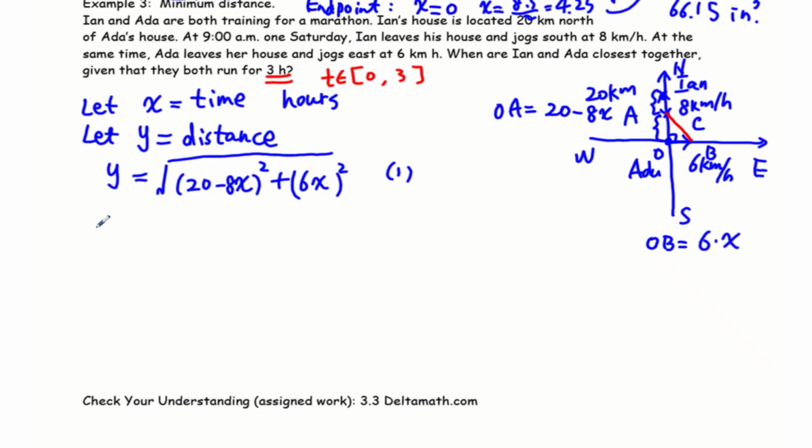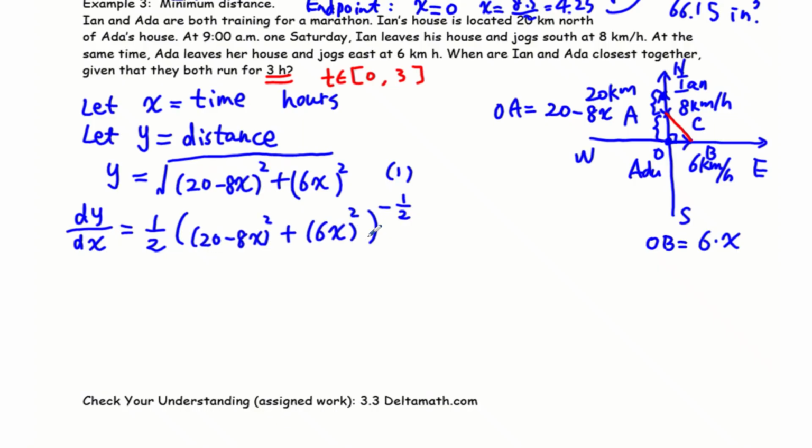And after that, we want to find dy by dx. So this is a chain rule. This is a square root, so we are going to do the square root first. Then 1 over 2, minus 1, gives us negative 1 over 2. Whatever is under the square root, the base, we copy here.